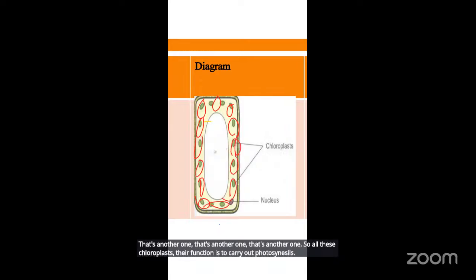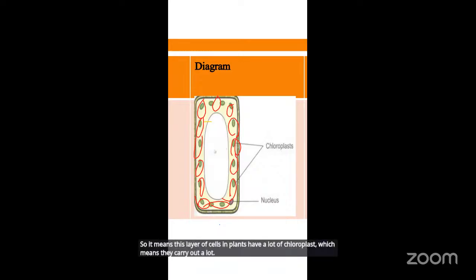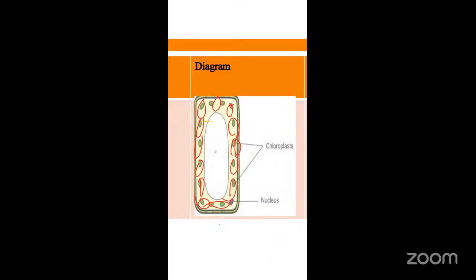So it means this layer of cells in plants has a lot of chloroplast, which means they carry out a lot of photosynthesis. So the function of the palisade cell is to carry out photosynthesis.